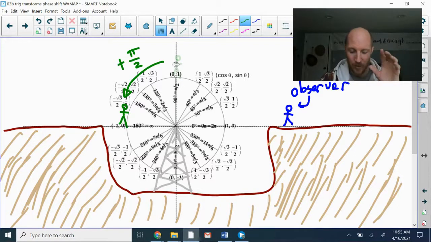So from the perspective of the analogy, cosine would have our graph walker starting at the top, the maximum height of the Ferris wheel. But instead, we're going to advance pi over 2 radians, or a quarter circle, 90 degrees. So the graph walker is going to be at the midline, and the Ferris wheel still rotates counterclockwise.